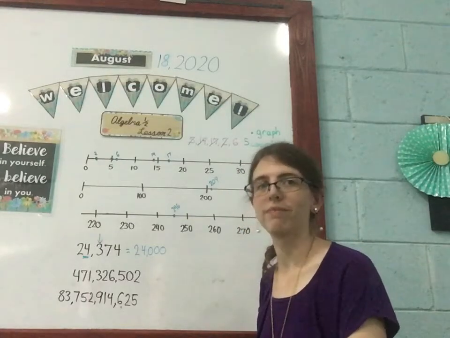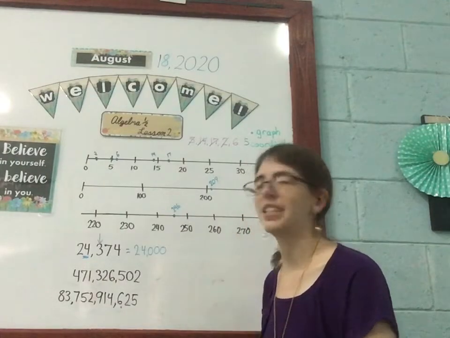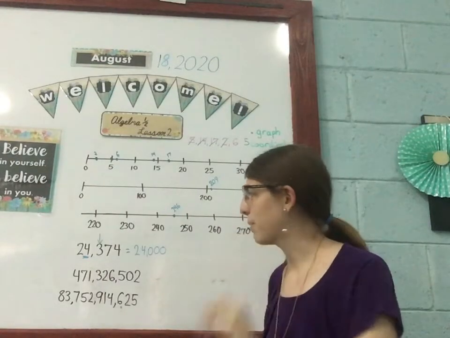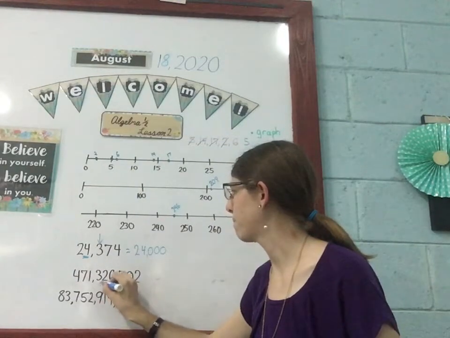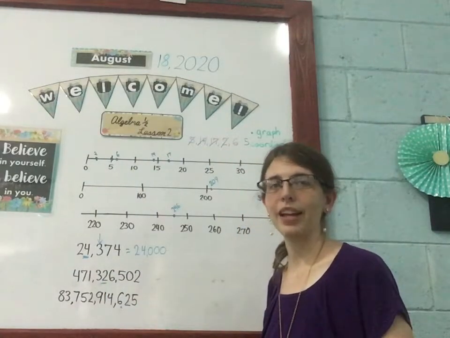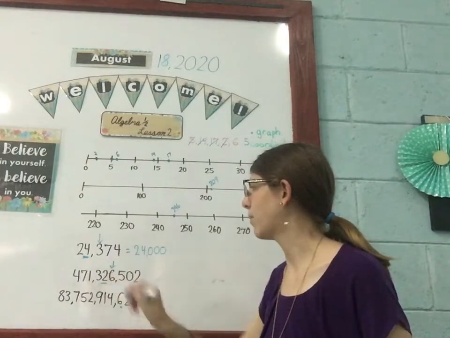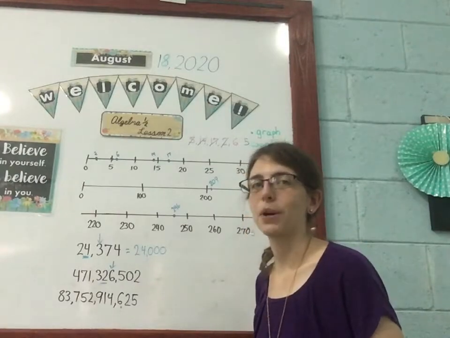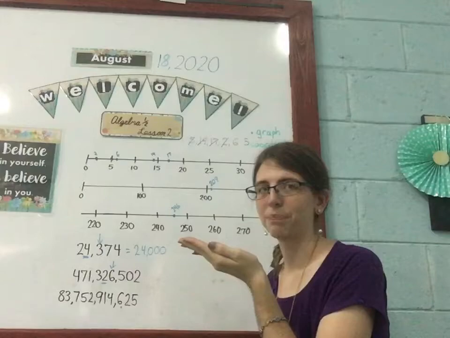471,326,502. That's a lot of number. So I want to round it to the nearest 10,000. Well, the number in my 10,000s place is that 2 right there. So I'm going to round that 2. I have to look at the number right behind it to tell me what to do. Is that number 4 or less, or is it 5 or greater?